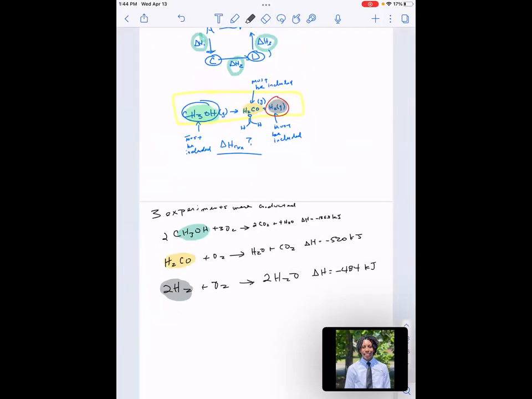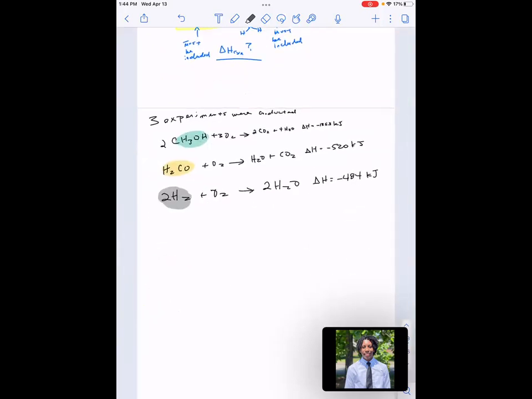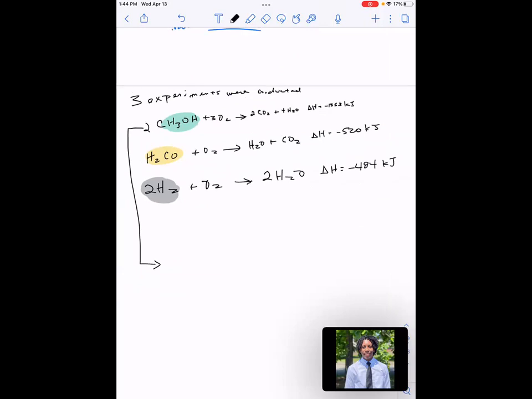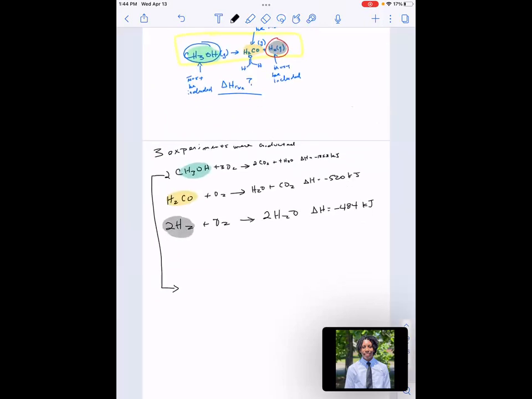So let's take the first reaction and let's manipulate it. We're going to take this because see here, if you look at the given reaction up top, there's only one methanol. The coefficient is 1 in front of everything.